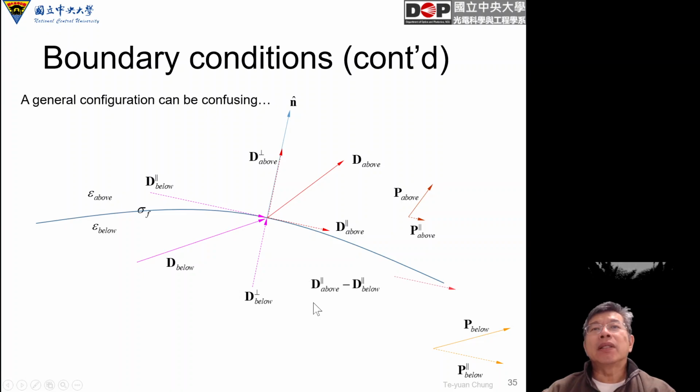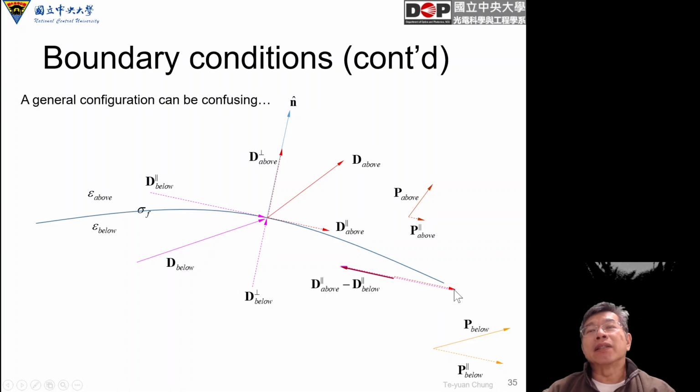So take the above parallel component, minus the parallel component of D at the below. It will be a vector pointing in this direction.